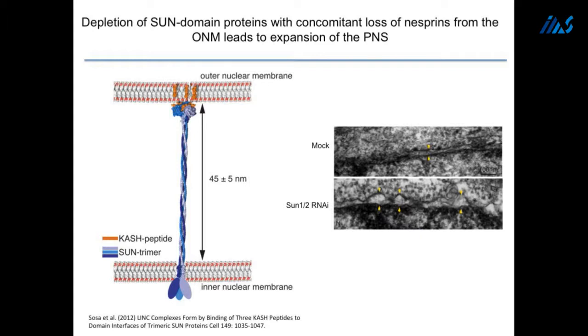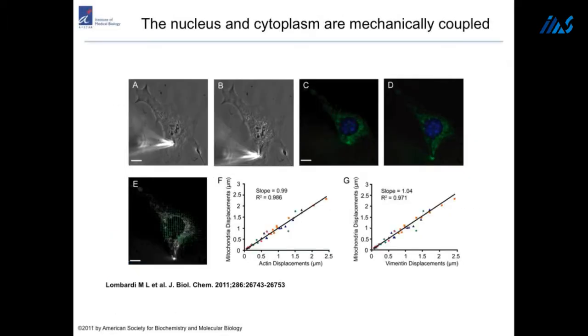So at least in HeLa cells, it suggests that maybe these link complexes actually have a role in stitching the 2 nuclear membranes together and maintaining this even 40 or 50 nanometer gap. Whether that's true in all cell types, we don't know.